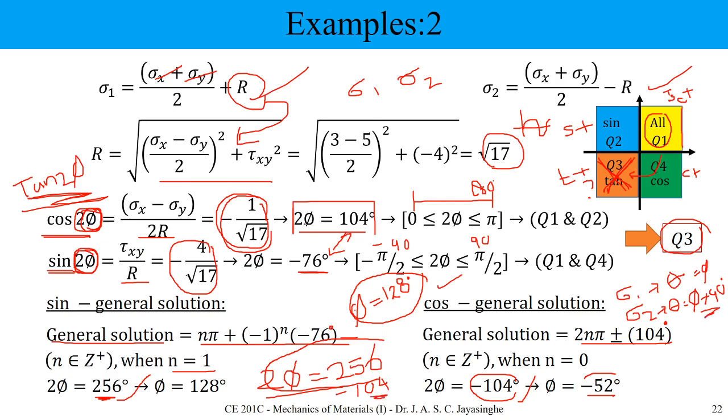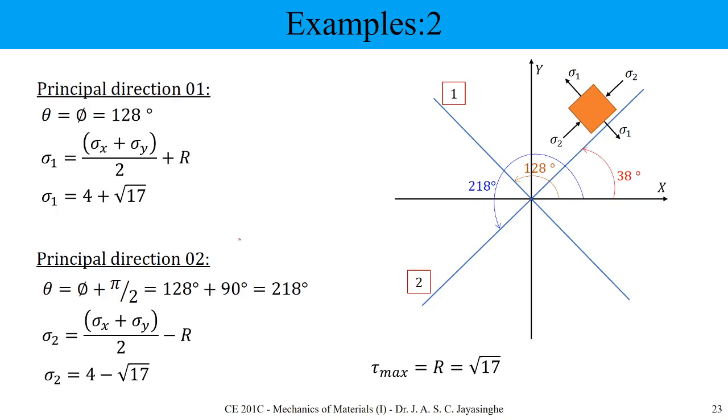And now we know the values, so we will go to here. You can see the first principal direction is 128. From x to 128, you can see the first one, and from this one you need to add another 90, so it will end up at 280.